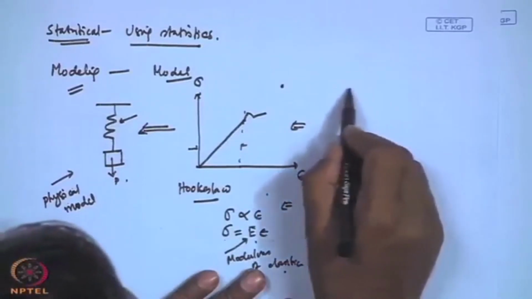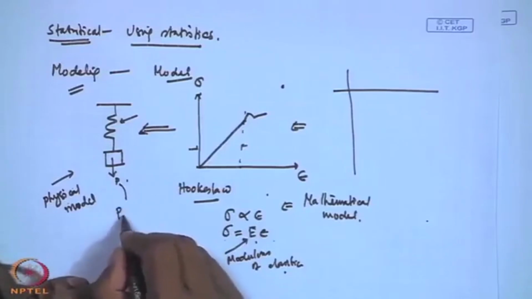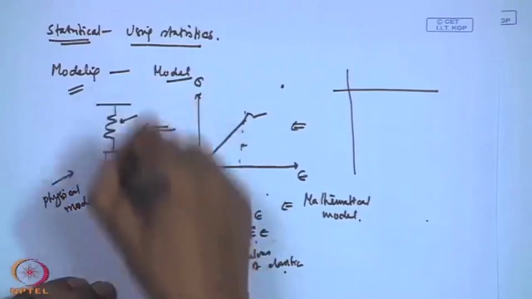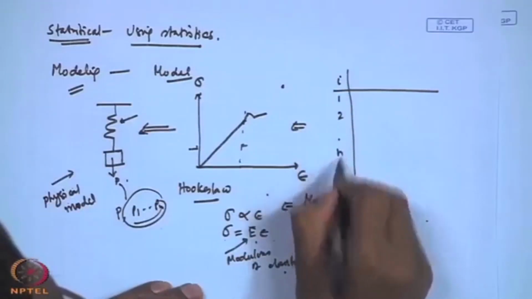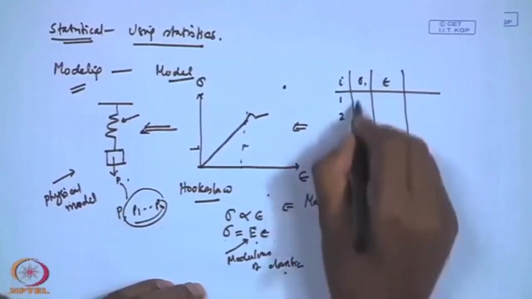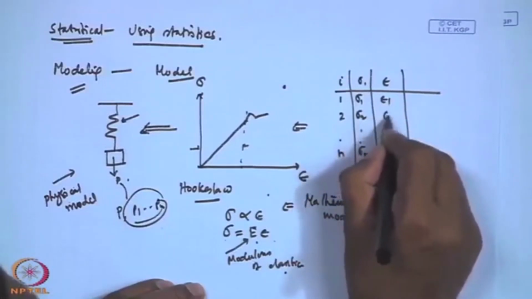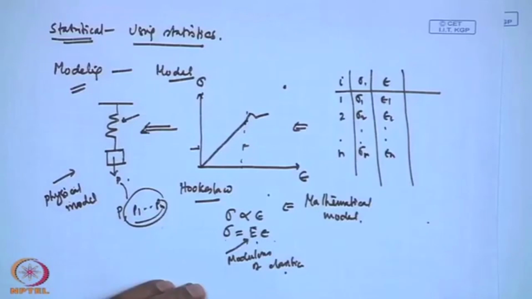In that case, you can do an experiment varying P from P1 to Pn. So you will create n different combinations, and you will get n observations, with sigma values sigma 1, sigma 2, up to sigma n, and epsilon 1, epsilon 2, up to epsilon n. Okay.